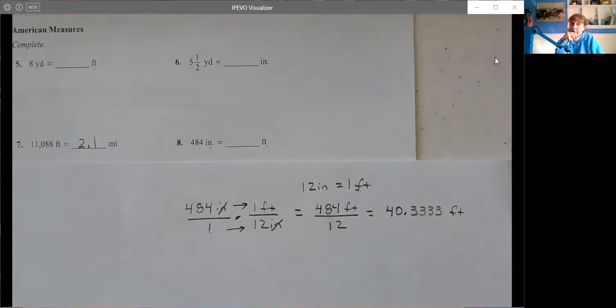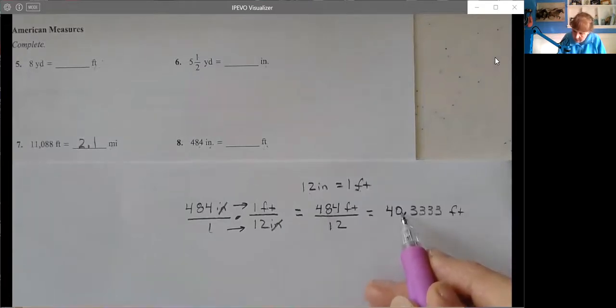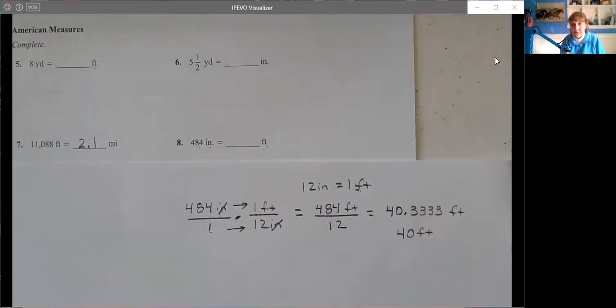Or maybe even to the nearest foot, which would be the whole number, the 40. So if it's to the nearest foot, it would just be 40 feet. If it's to the nearest tenth, it would be 40.3 feet.